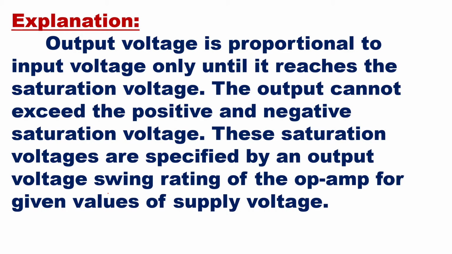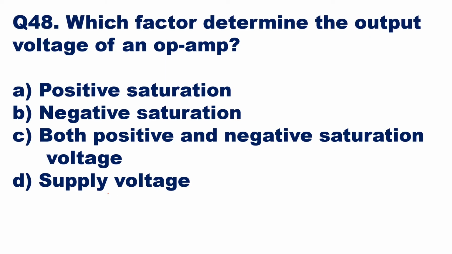These saturation voltages are specified by an output voltage swing rating of the op-amp for given values of supply voltages. So here, both the positive and negative saturation voltages will be the answer. That is option C. Both positive and negative saturation voltages will determine the output voltage of an op-amp.